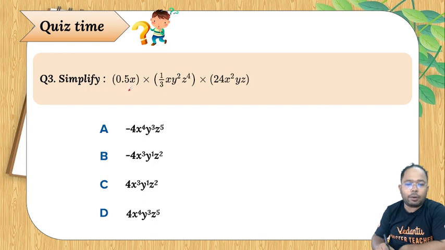Simplify 0.5x into 1 by 3 xy square z to the power 4 into 24x square yz. Let's do this. Try to solve it mentally. Let's see how much you can do.